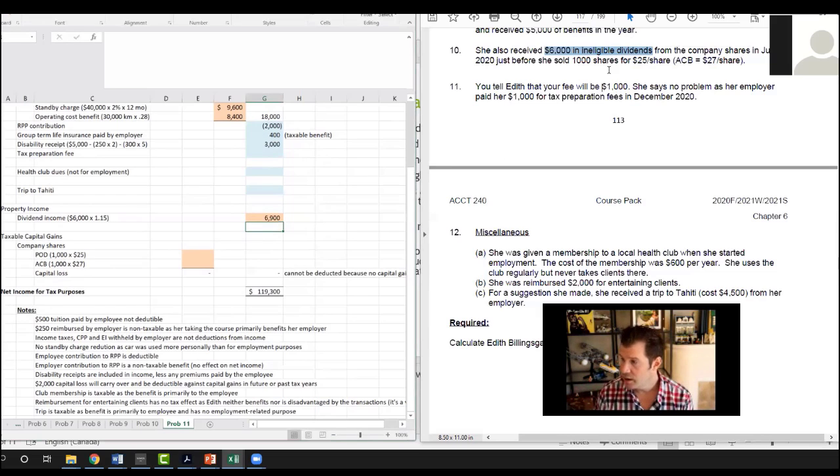We also here have capital gains. Just as a reminder, capital gains are not property income. Property income and capital gains are spelled and pronounced differently, and they represent different things. Property income is taxed. It has a 100% inclusion rate, and it is derived by passive use of your property.